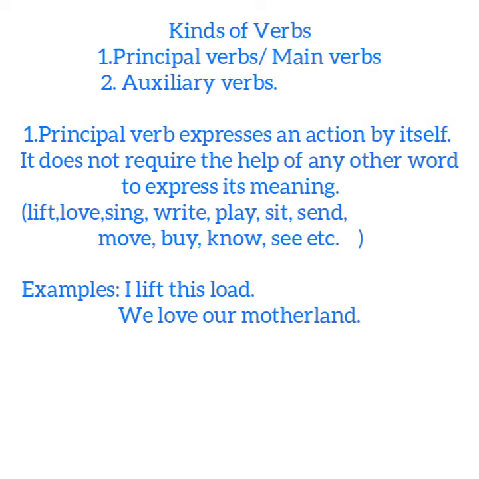So a principal verb is very independent and it can express itself. It does not need the support of any other word. Some of the principal verbs are lift, love, sing, write, play, sit, send, move, buy, know, see, etc.